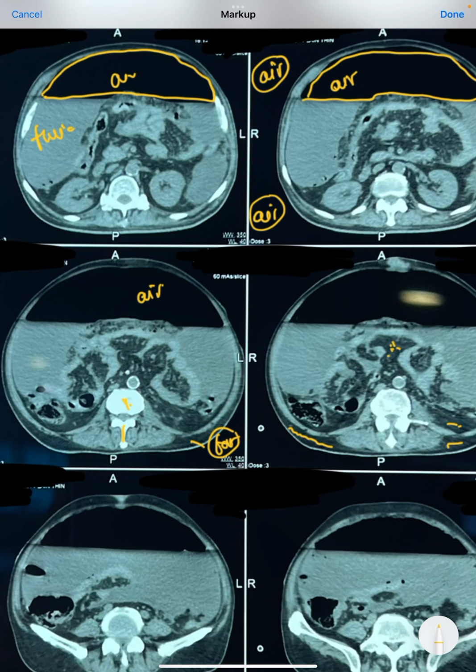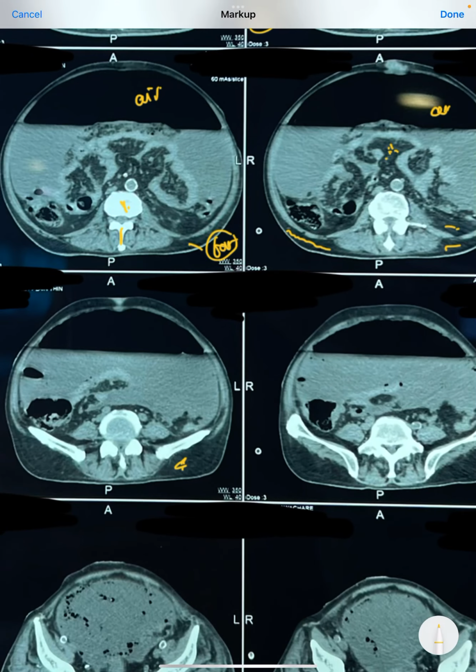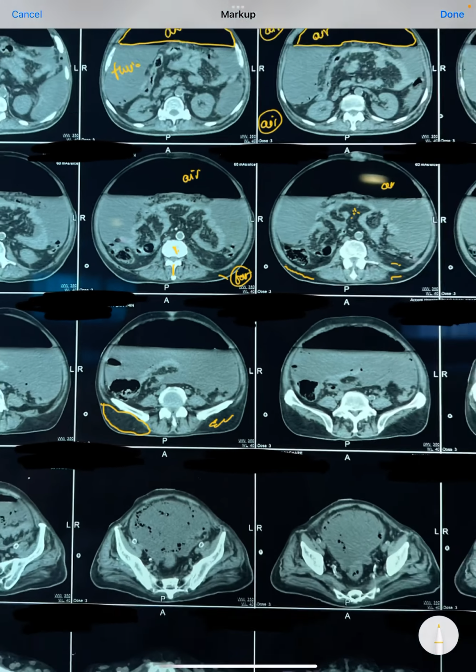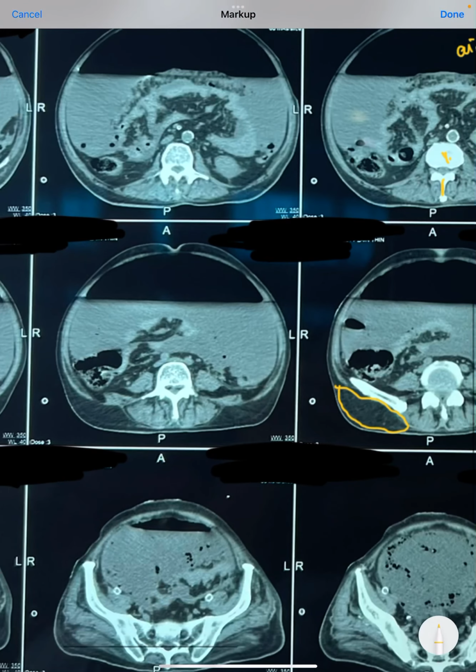The blackish structure but less black than air is fat. So this is all fat. I told this earlier also, that if there is no inflammation, the fat will look like this.